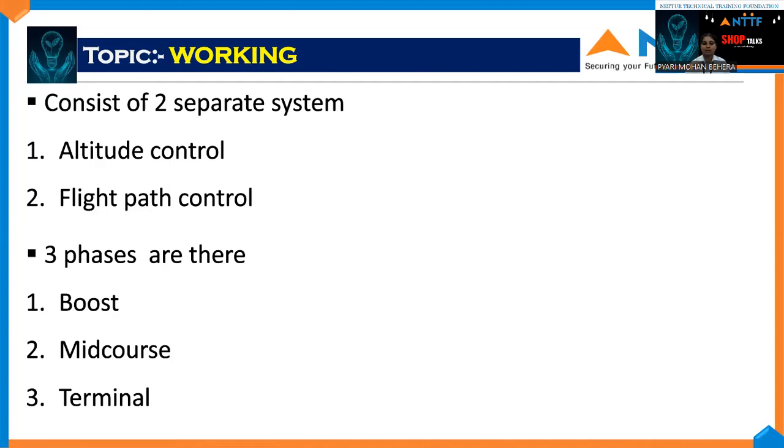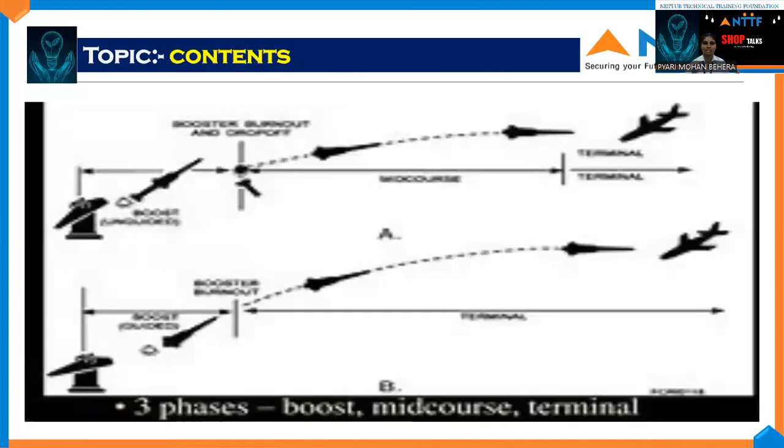After that, this is the picture of the guidance system and how it works. In the first picture, there is no guidance system, so the mid course occurs and after that the missile goes to the target. But can you see that the missile is going downside? Our target is the enemy craft, but the enemy craft is not destroyed.